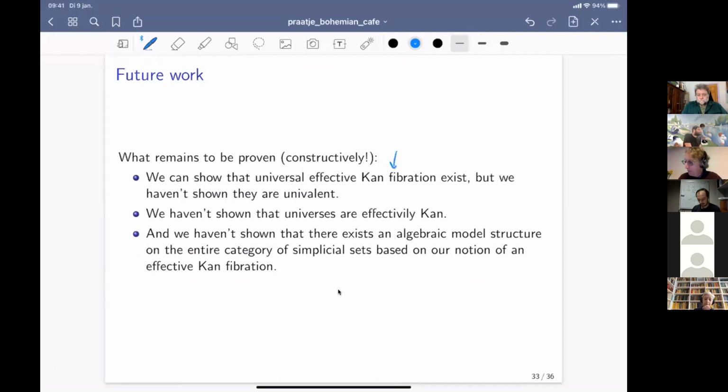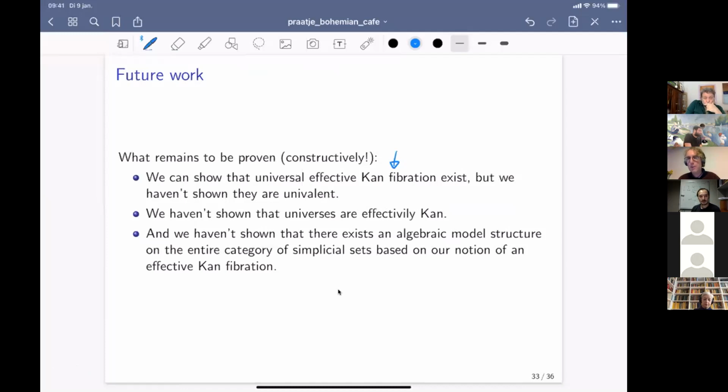So I said we have universal fibrations, but we don't have universes, and we don't know whether they're univalent. So in fact, right now we're looking at the univalence axiom. We're trying to copy in a way just what happens in cubical sets. In fact, that's very often the strategy that we follow.